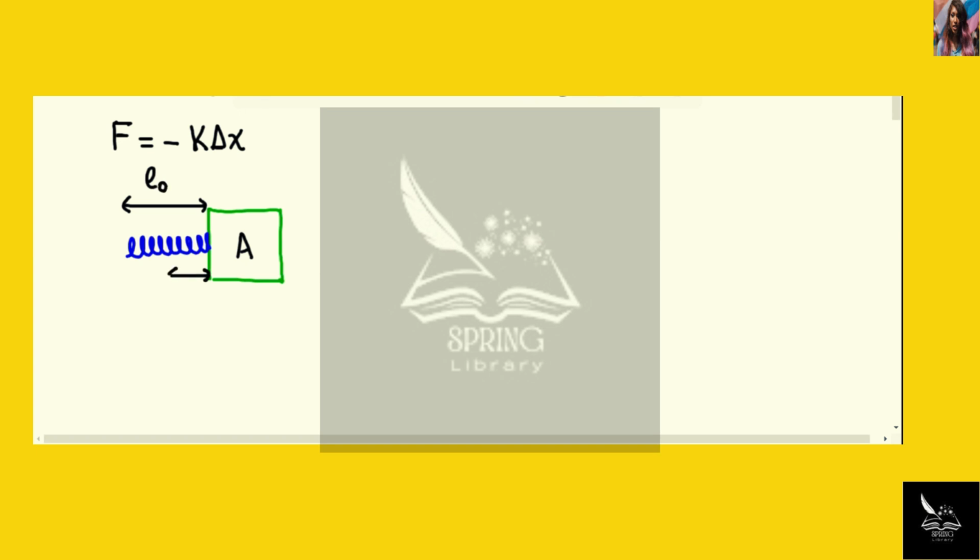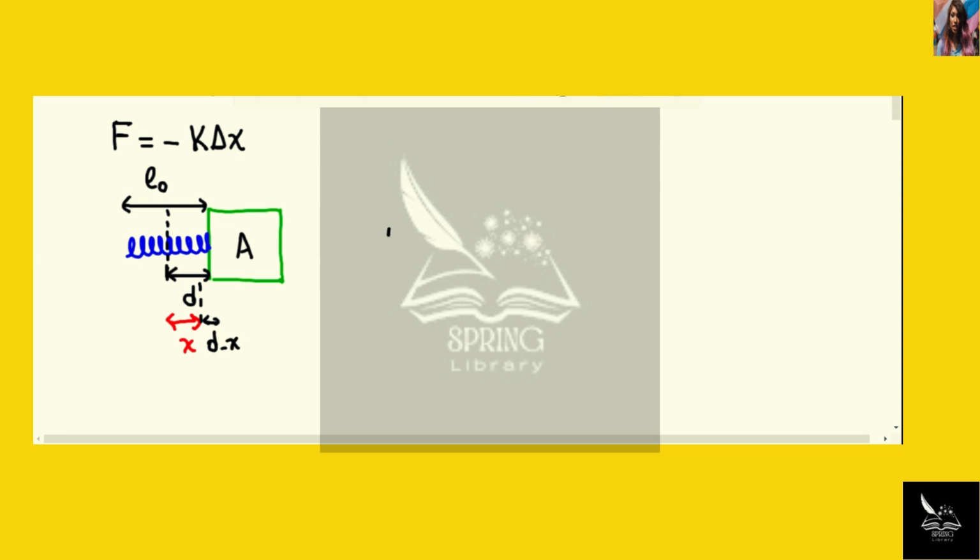This is the length by which the spring was compressed, D. And let's consider that at this point here, the block has a speed V equals 0. Then it travels a certain distance, which I'm going to call X. Let me draw it a little differently. This here is X. So notice that this here is D minus X.